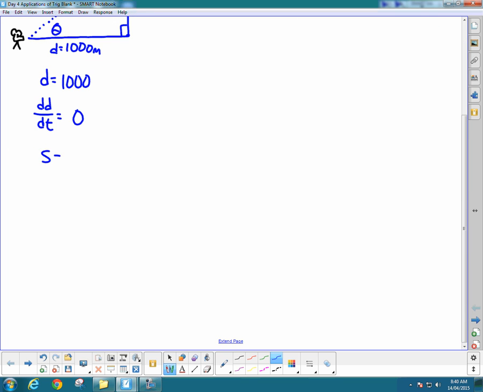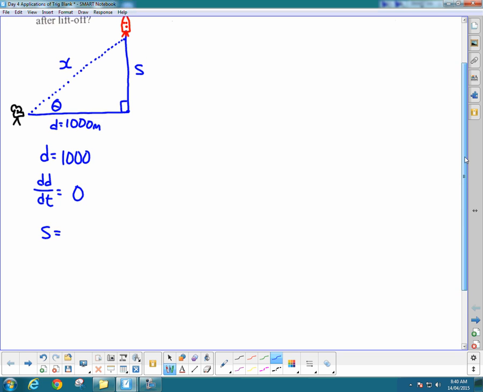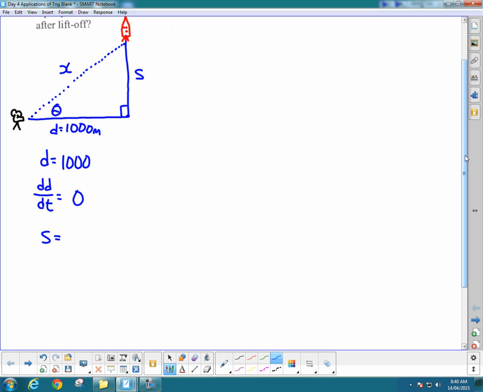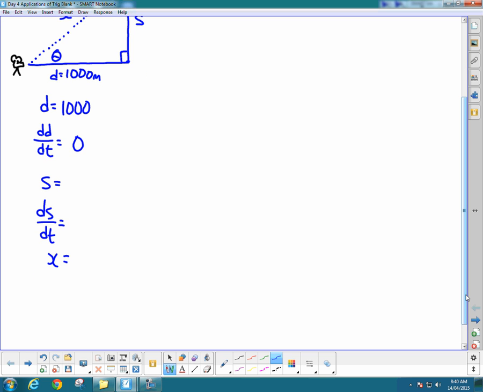We've got side S, and we've got ds by dt, which is how fast it's changing. And then we've got side x and dx by dt.